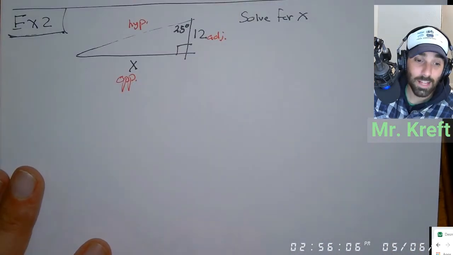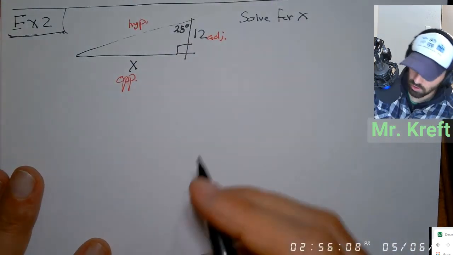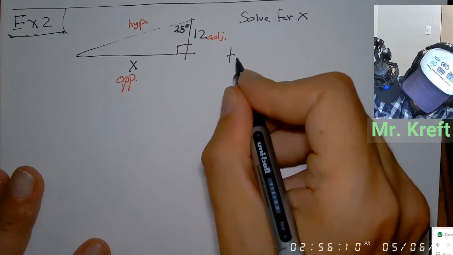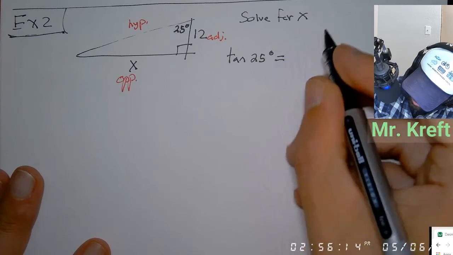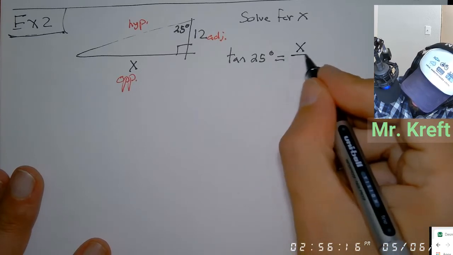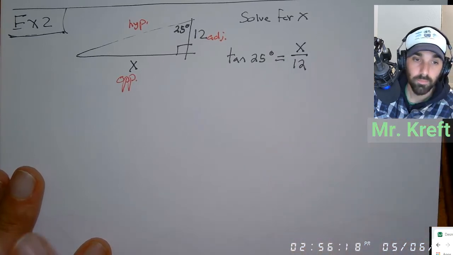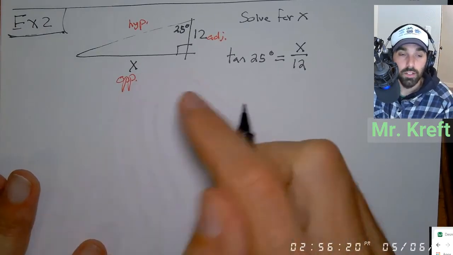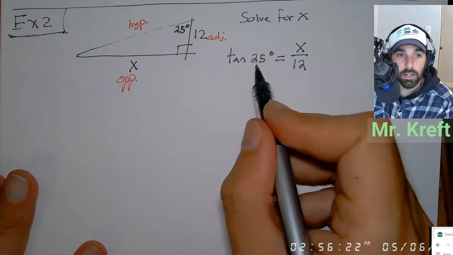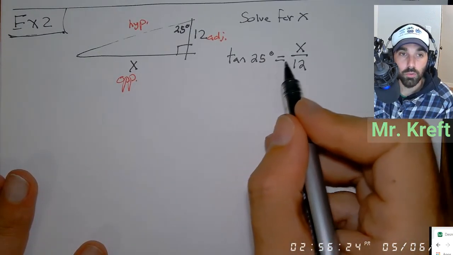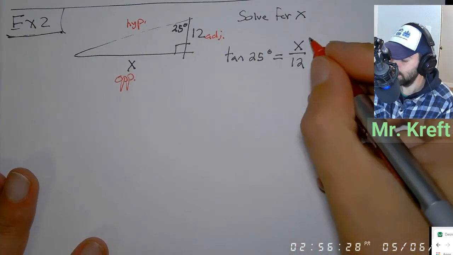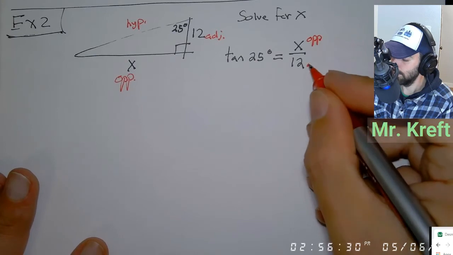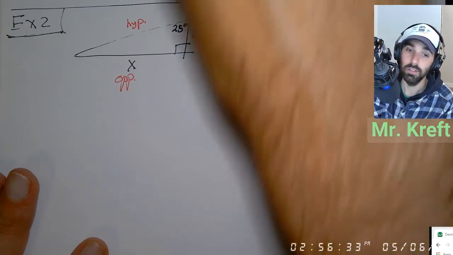That's going to allow me to write my tangent ratio: tangent of my reference angle equals opposite over adjacent. I'm going to write that down again because this is new and it's always good to overdo it with new things.